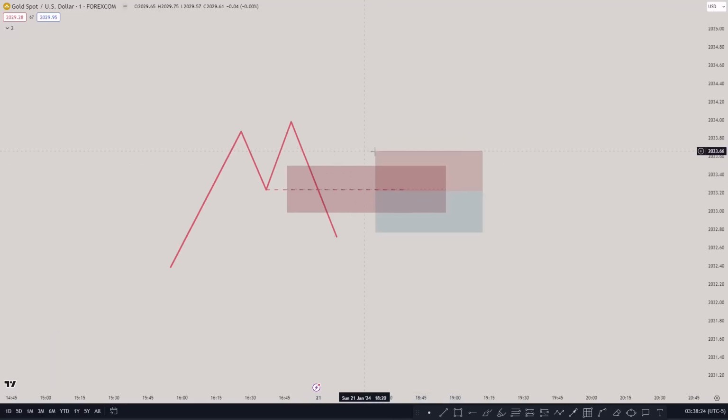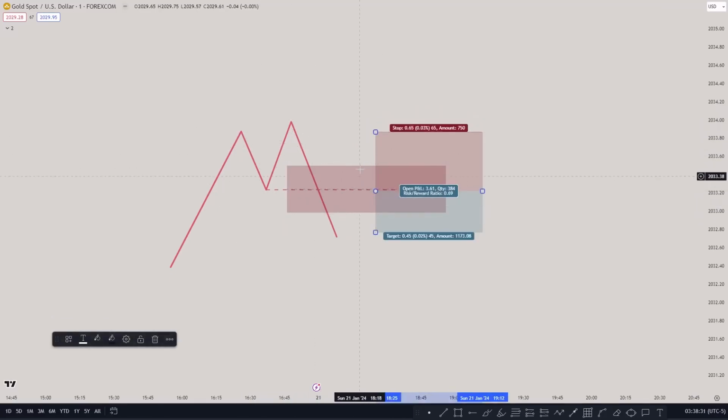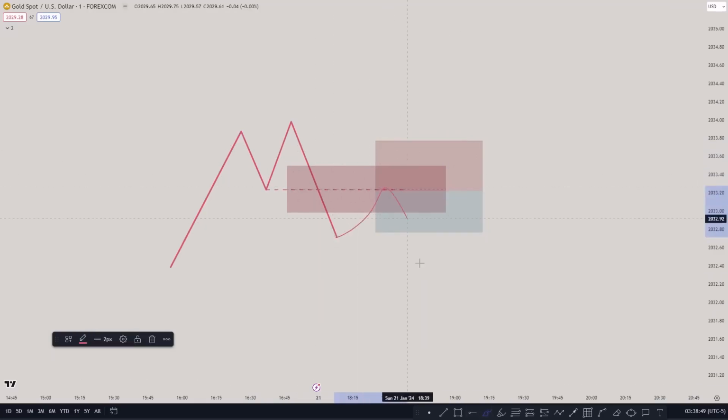Now with this setup, you don't need to set your stop loss above the high, because this is a high probability setup, and this price disrespecting and closing above this fair value gap just tells you that it's not going to be a winning trade most likely. And those two overlappings, the breaker block and the fair value gap, they really push price lower as soon as it gets in here.